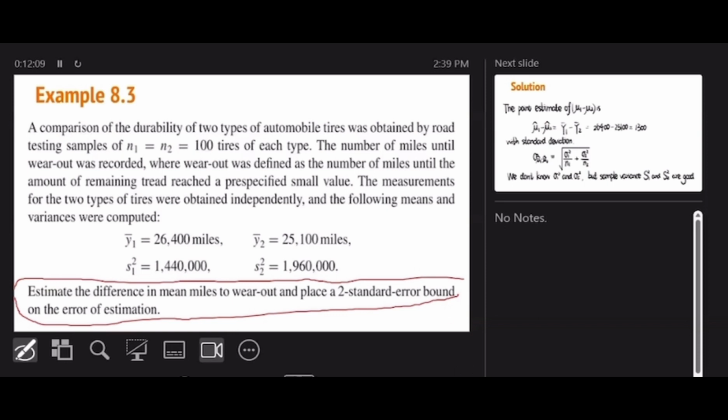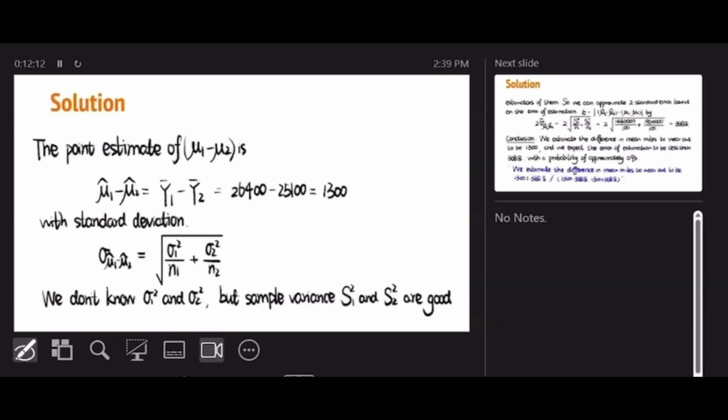The true value of the parameter we are looking at is the difference between the two population means, but because we do not have access to every item, like here, all tires, we're only using 100 of them, we're going to consider a point estimator for that.